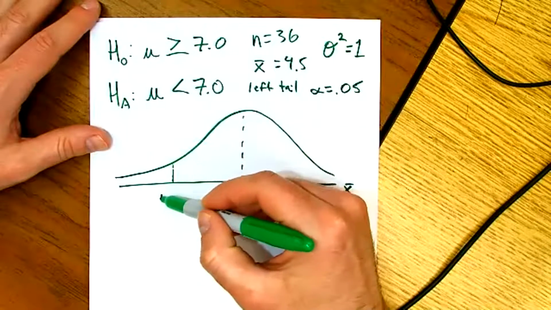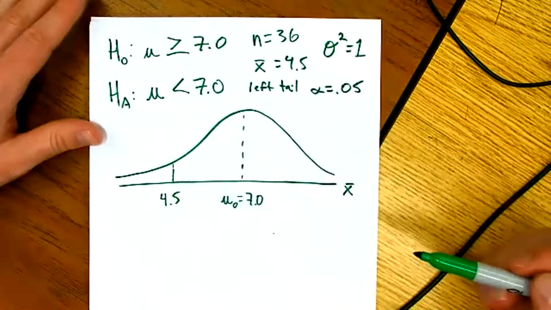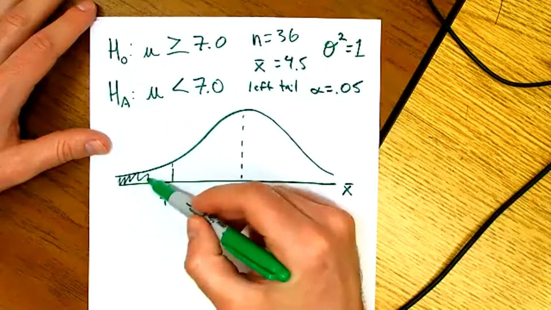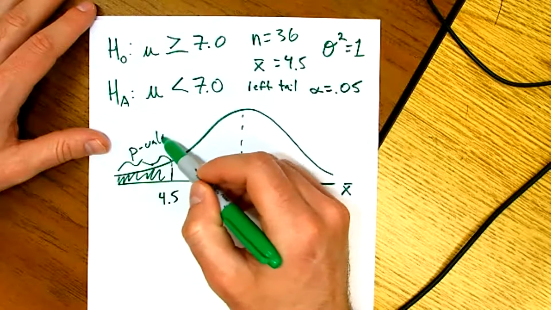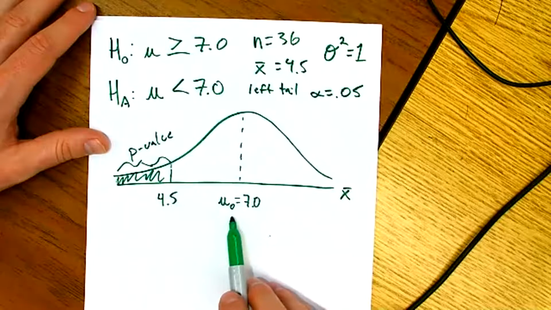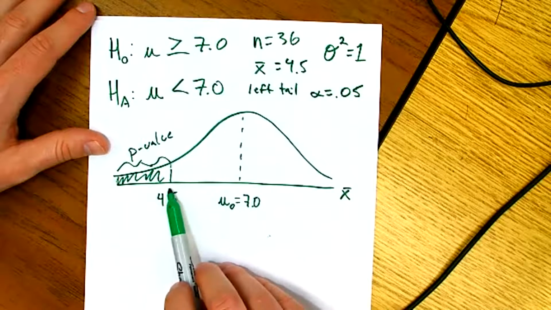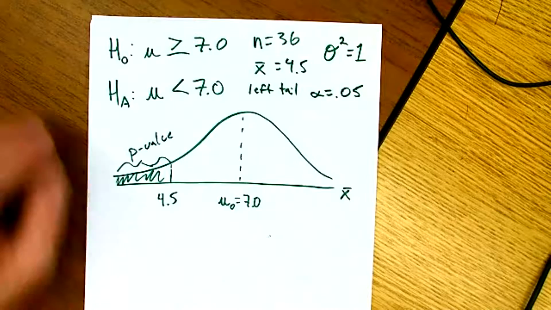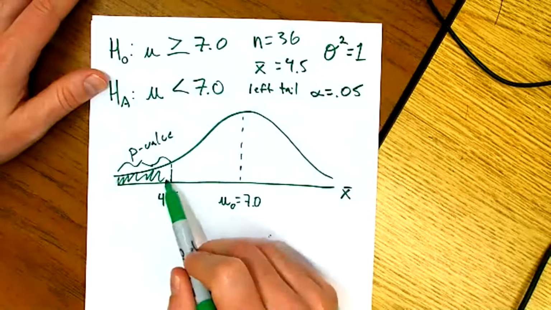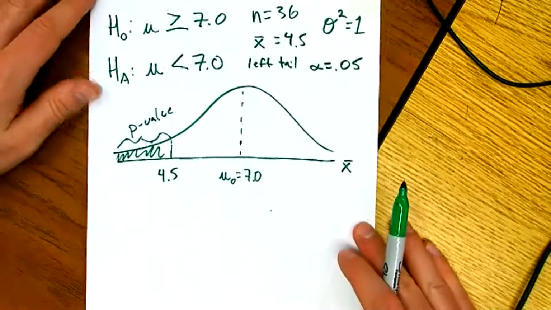So I saw a sample mean of 4.5. The p-value was the probability that I saw a sample mean as far away from that assumed true mean as I did, or something even further that went against that null hypothesis. So that p-value is the area in that left tail there.